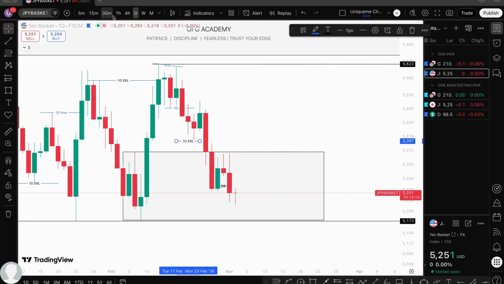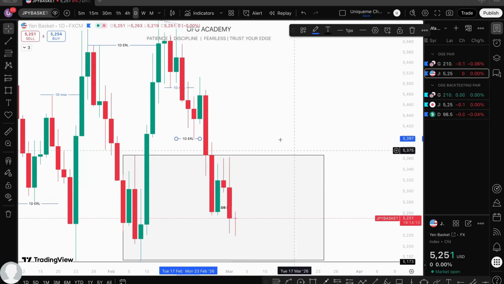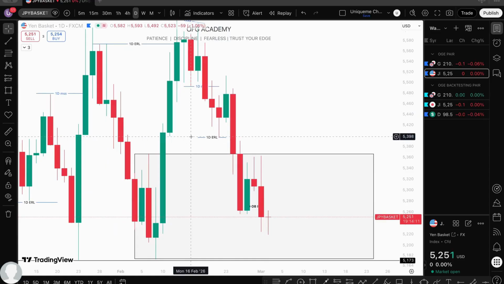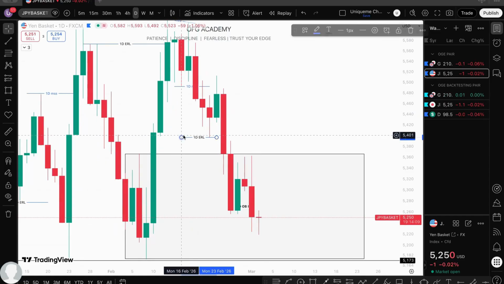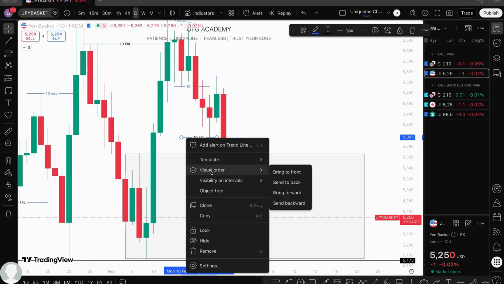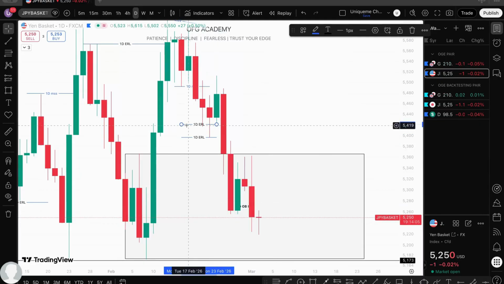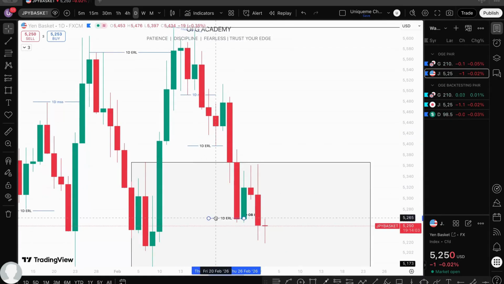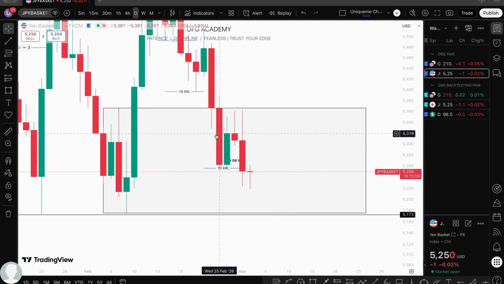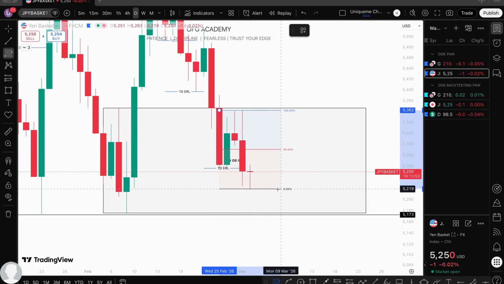But looking inside here, I also clone this as a break of structure too. Making it an order block, Fibonacci from this high to this low.